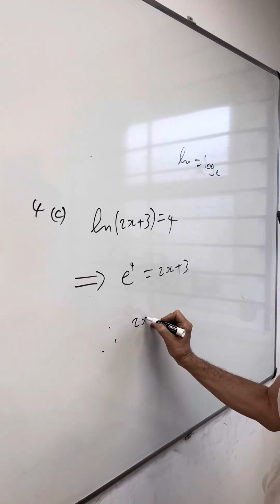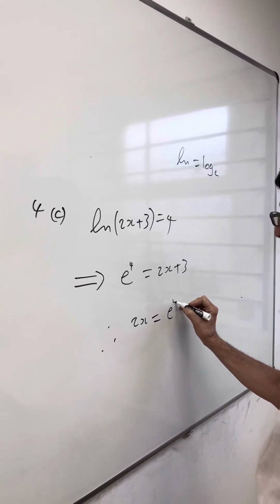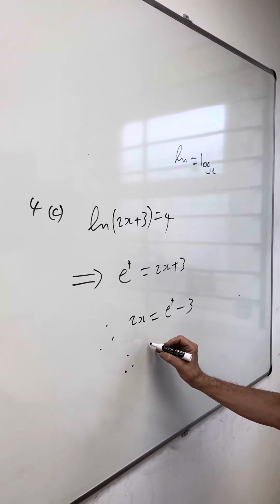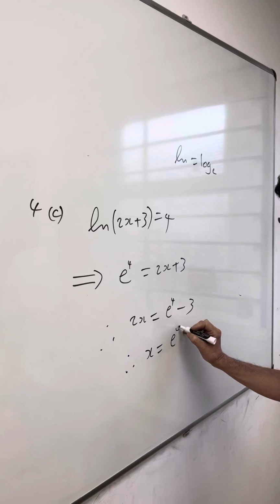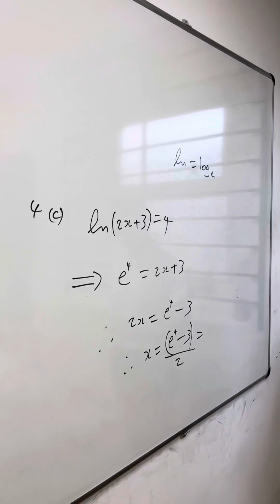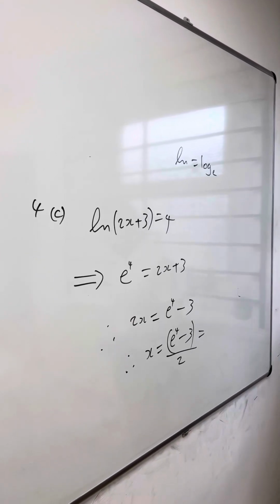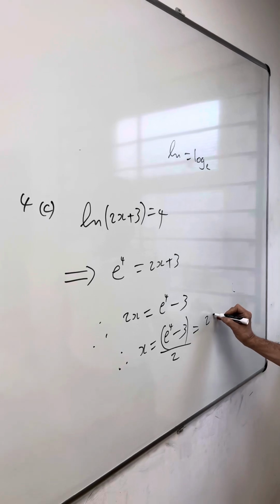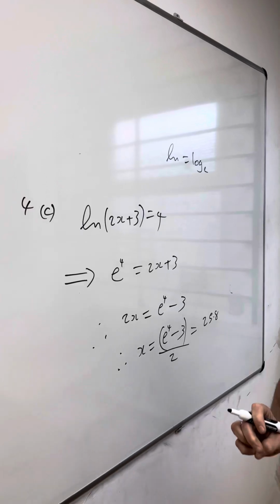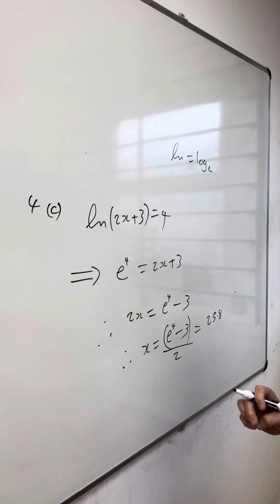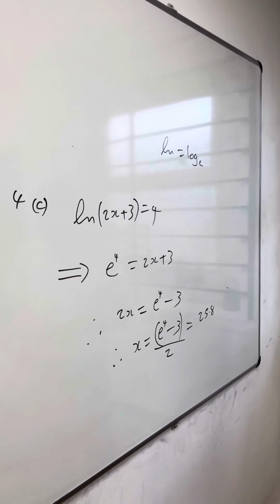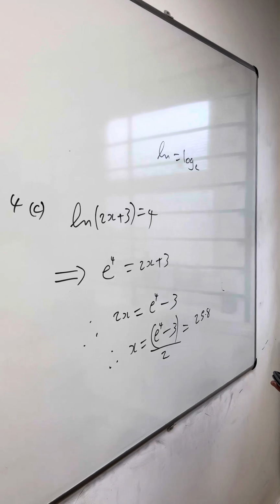Therefore, 2x, taking away 3 on both sides, is e to the power of 4 minus 3. Therefore, x equals e to the power of 4 minus 3, over 2. And then if we evaluate that with the calculator, we get 25.8. It's asking us for 3 decimal places.